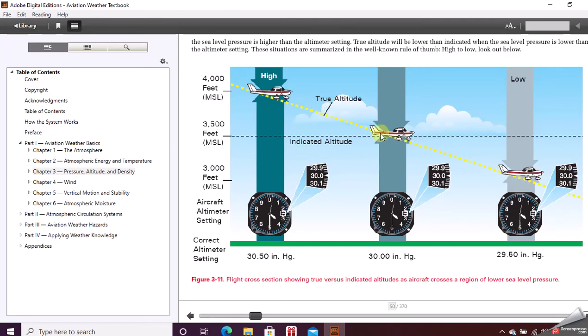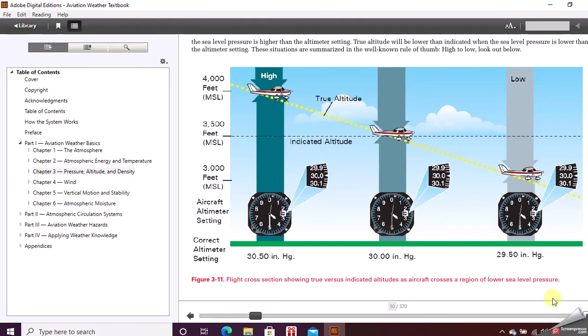So depending on how the surface pressure is varying, you could wind up being higher up or lower in the atmosphere, and significantly, depending on how much of a change in the air pressure there is.